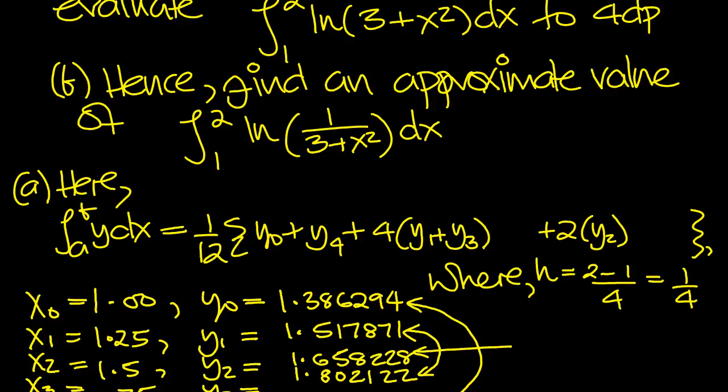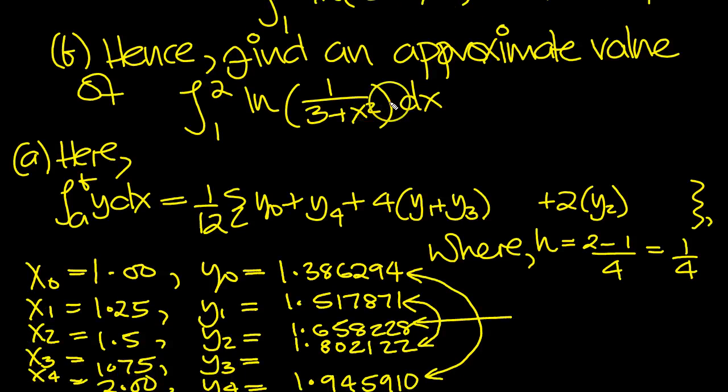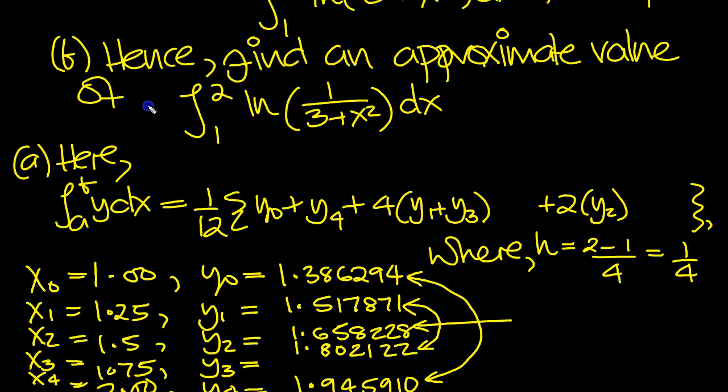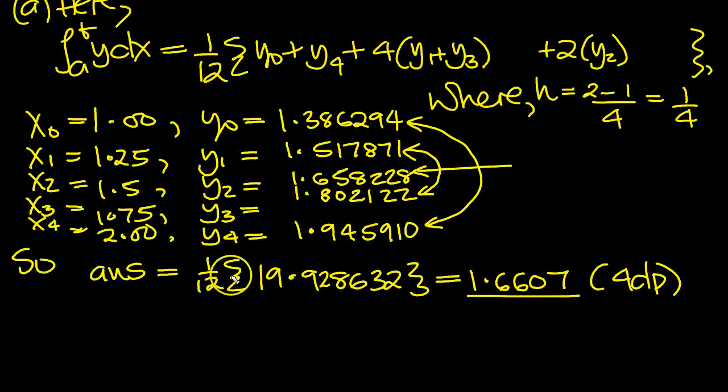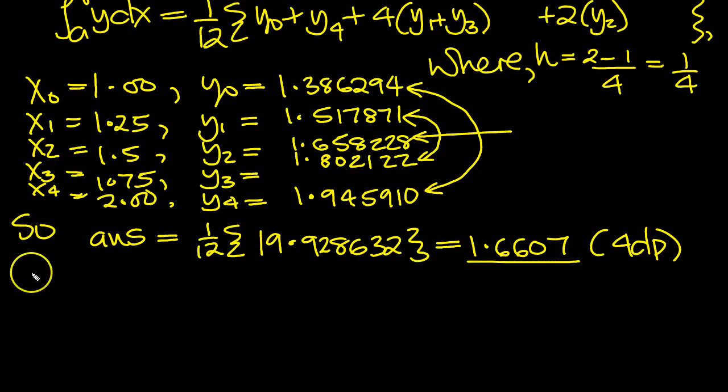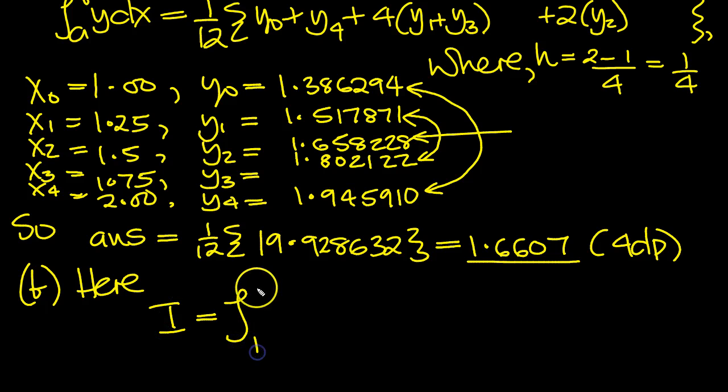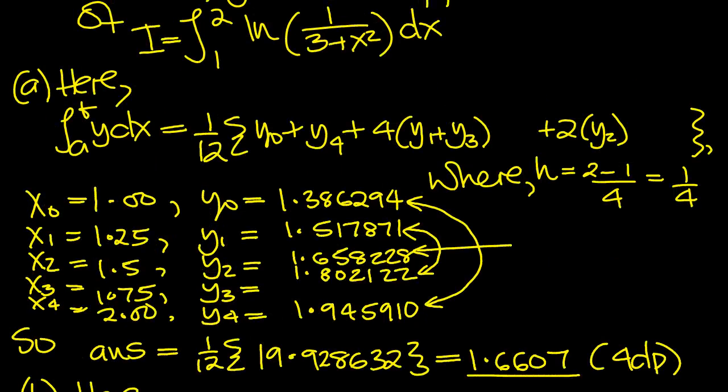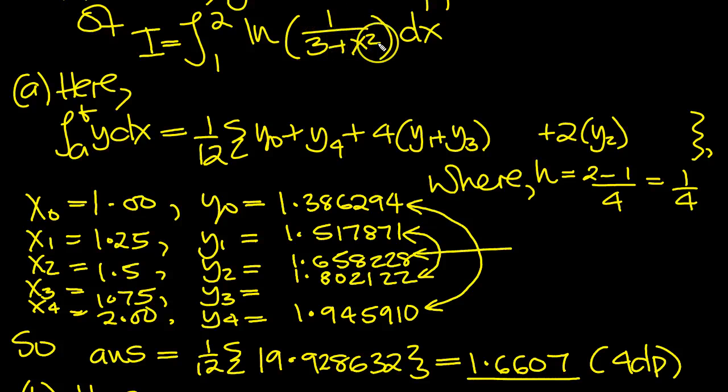Now let's move on to the second part of the question. Hence, find the approximate value of this. We'll label that I equals, and the answer is the answer from above. So part B, here I is equal to the integral between 1 and 2. Using properties of logs, this is to the power of minus 1 when it's underneath.